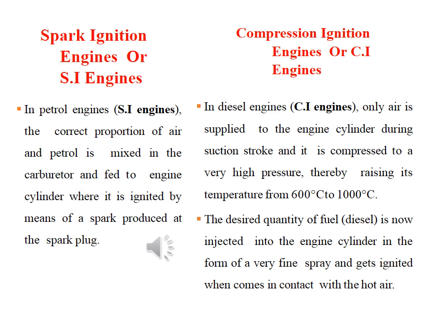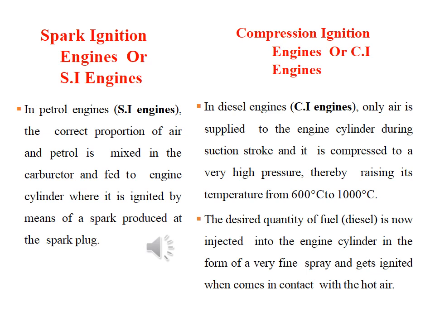I added this part in this section because one short question is generally asked in the AKTU exam: what is the difference between SI engines, or spark ignition engines, and compression ignition engines, or CI engines?